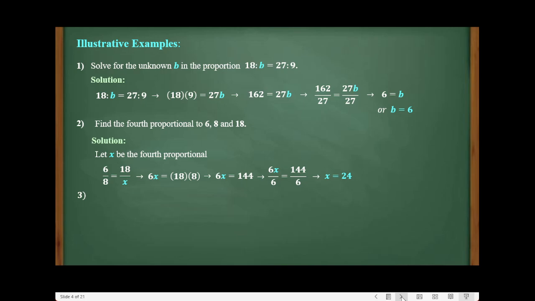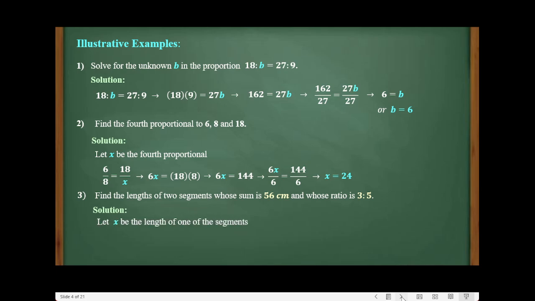Next, number 3, find the lengths of two segments whose sum is 56 centimeters and whose ratio is 3:5. Solution. Let x be the length of one of the segments, and 56 minus x be the length of the other segment, since the sum of their lengths is 56.